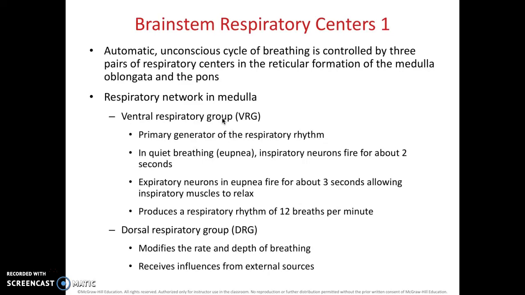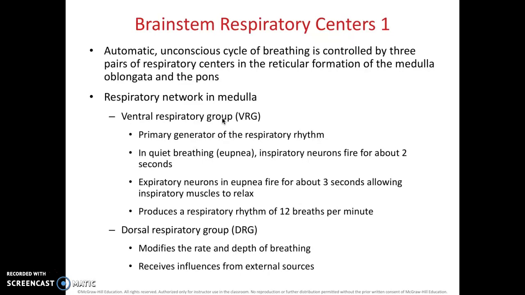The ventral respiratory group is the primary generator of the respiratory rhythm, and during quiet breathing, inspiratory neurons fire about 2 seconds. Expiratory neurons during quiet breathing fire for about 3 seconds, which allows the inspiratory muscles to relax. And this produces a normal respiratory rhythm of about 12 breaths per minute.